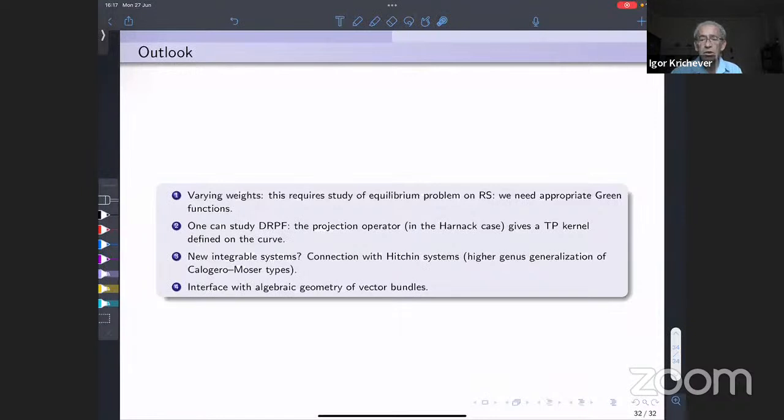I have a general comment. I would like to mention that a lot of credit should be given to people who did Riemann-Hilbert problems on Riemann surfaces in the 60s and 70s. Actually, the notion of matrix Cauchy kernel of different type was introduced in works of Zverovich, Muskhelishvili, Rudin.